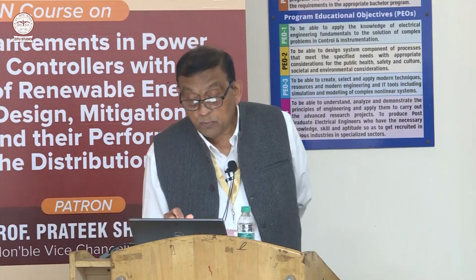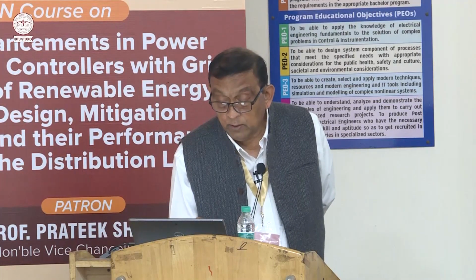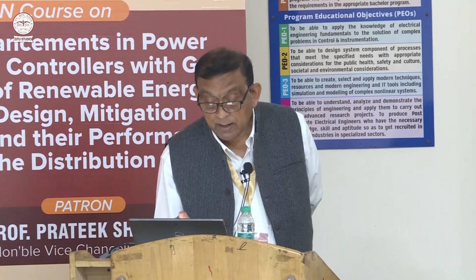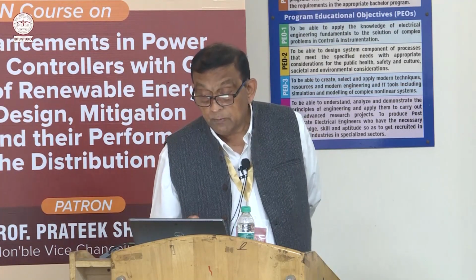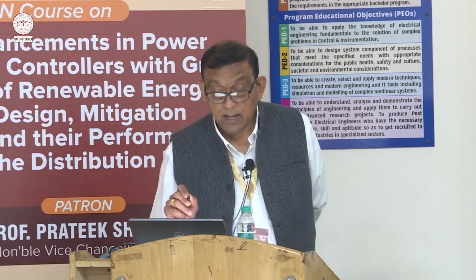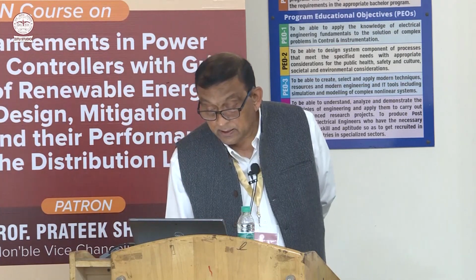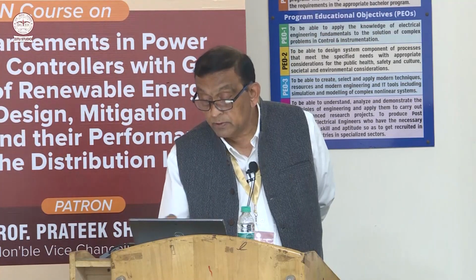For these problems we can use shunt active power filters to improve the power factor, for voltage regulation, for unbalanced current. If there is excessive neutral current, your shunt active power filter will work fine, and then harmonics. So the solution is the shunt active power filter for all these problems.